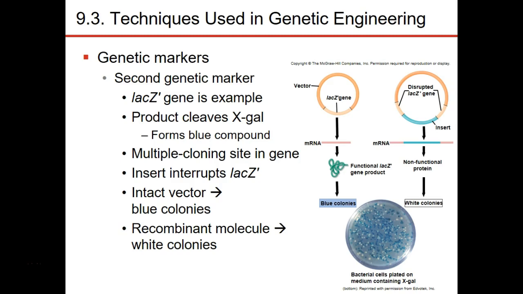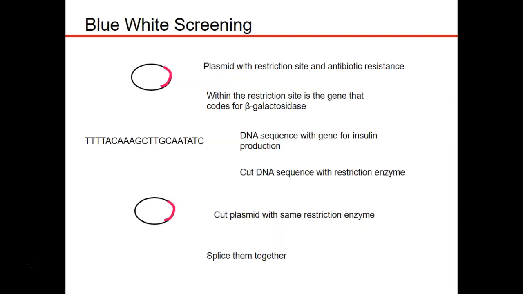And so if you're in the presence of a lactose media, the LAC gene will break down the lactose, forming a blue color. But if you insert the gene that you care about into the plasmid, it breaks up that LAC-Z gene, kind of like that transposon. And then the LAC-Z gene becomes non-functional.